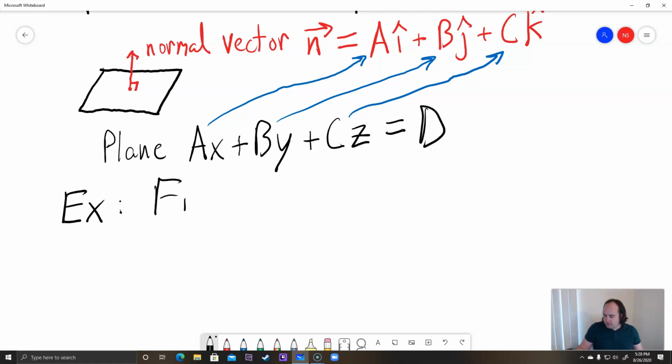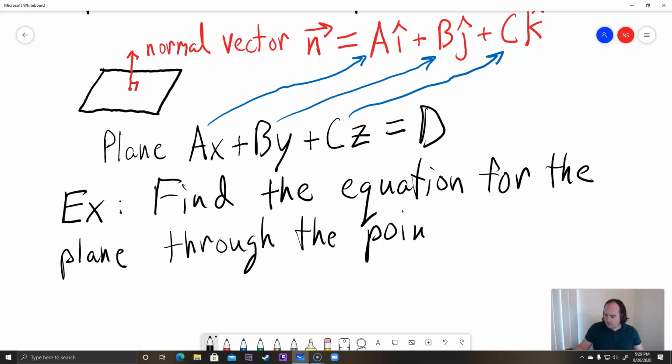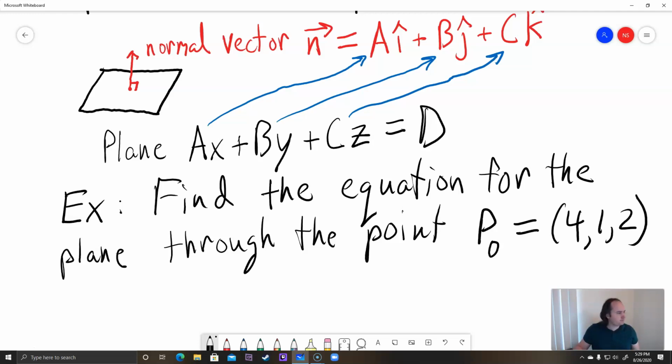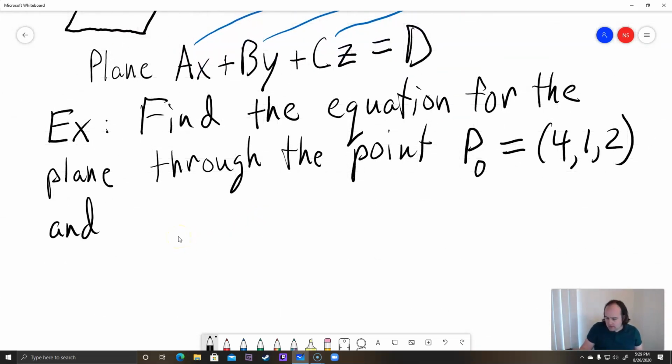Example, find the equation for the plane through the point P naught, so they're calling it the point P naught, and this point is equal to 4, 1, 2, and normal to the vector.